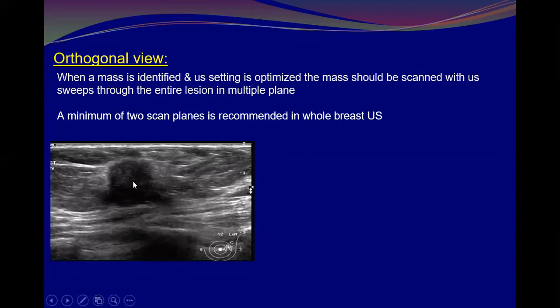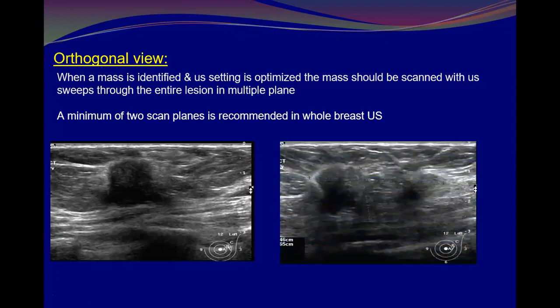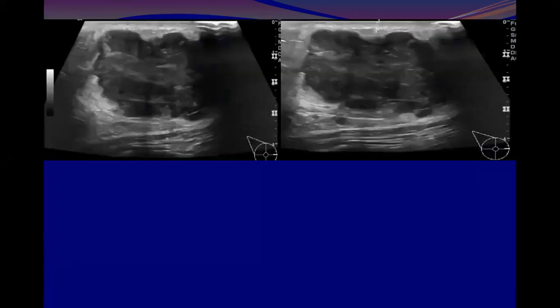Again, all these are my cases. This is definitely a suspicious lesion. Indistinct with echogenic halo, some spiculations and angulations is suspicious. When we sweep throughout, look how the lesion is even much larger than in this image and much uglier, and much more suspicious than in the first view.